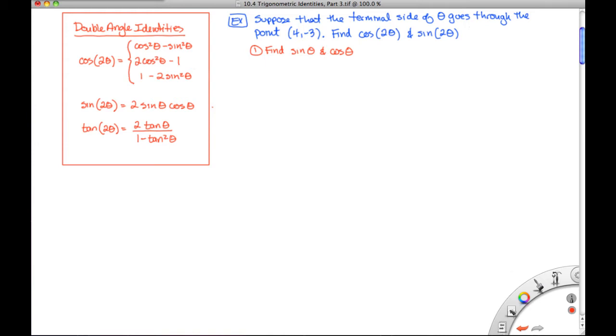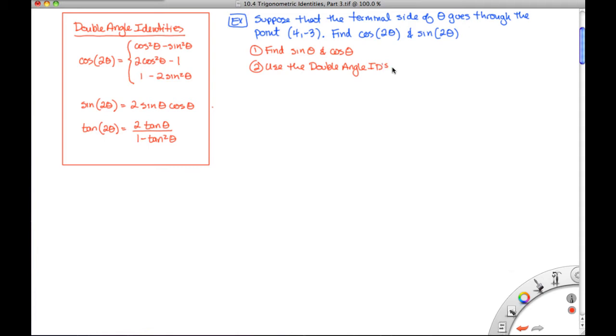So if we can find the values of the sine of theta and the cosine of theta, we can use them in these identities to get values for the cosine and sine of twice theta. So once we get these values for sine of theta and cosine of theta, we're then going to use the double angle identities. So use the double angle IDs.